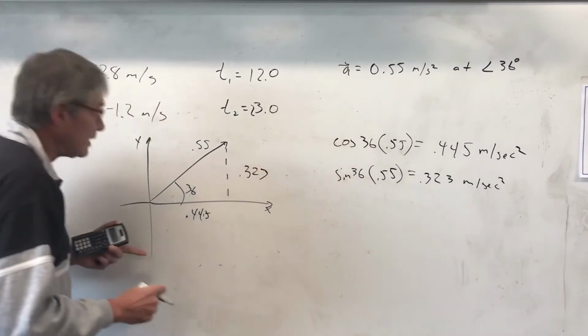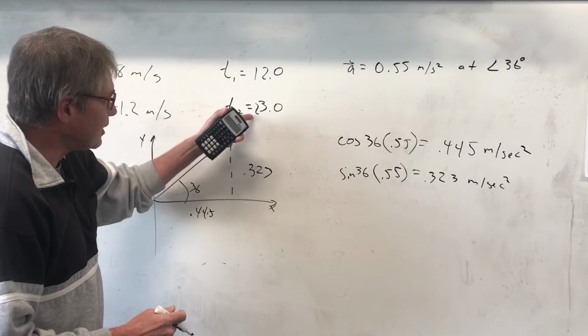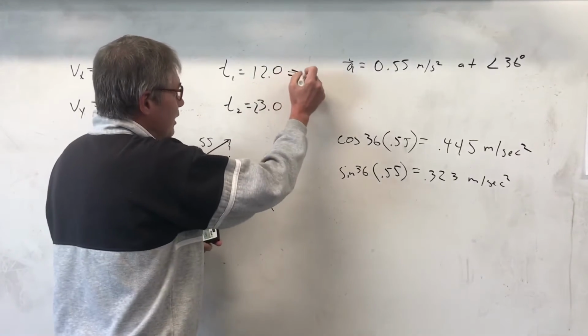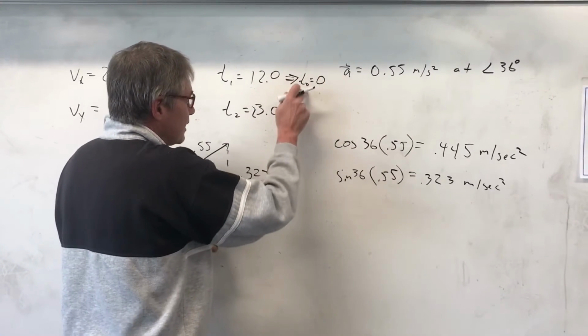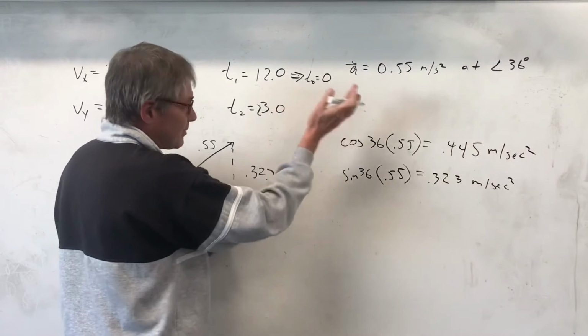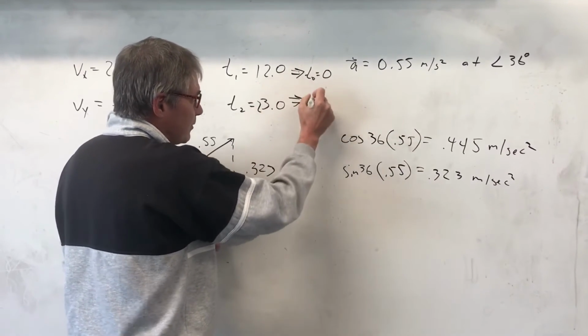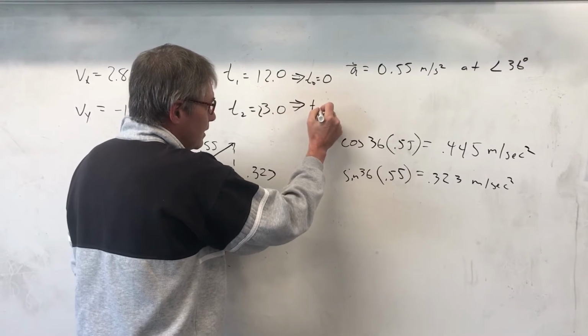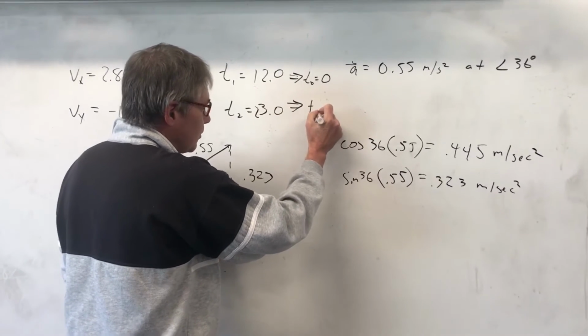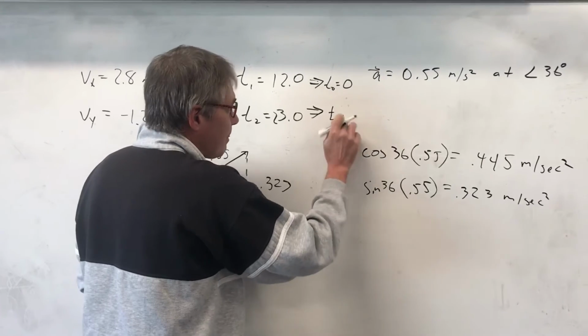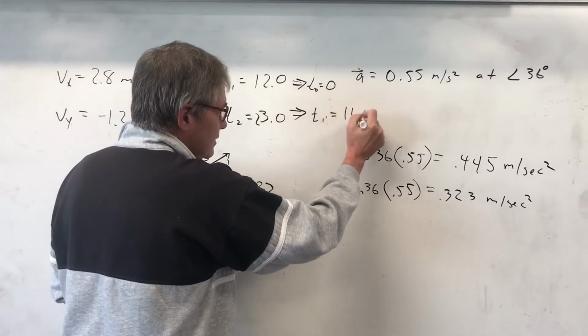So our initial conditions, again, I'm going to do a little translation here and make this t sub 0. So I subtract 12, just get it back to 0. Subtract 12 from this, and I'm going to call t1 prime 11 seconds.